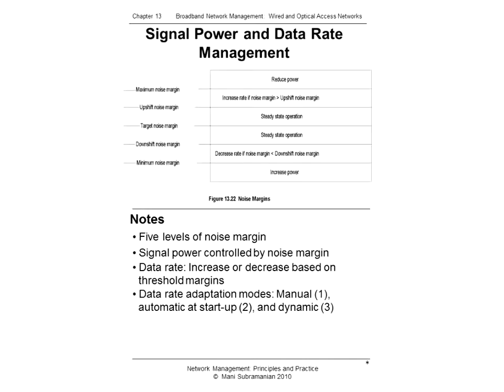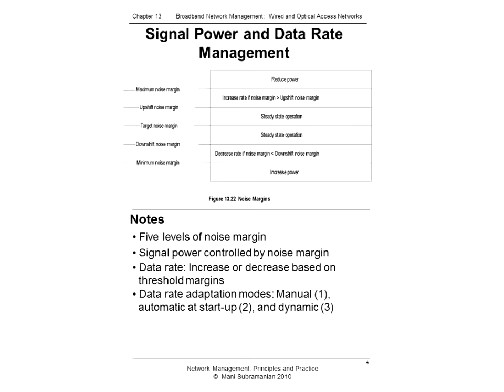Next we have signal power and data rate management. Here we have 5 levels of noise margin, and the signal power is controlled by noise margin. The data rate increases or decreases based on the threshold margin.